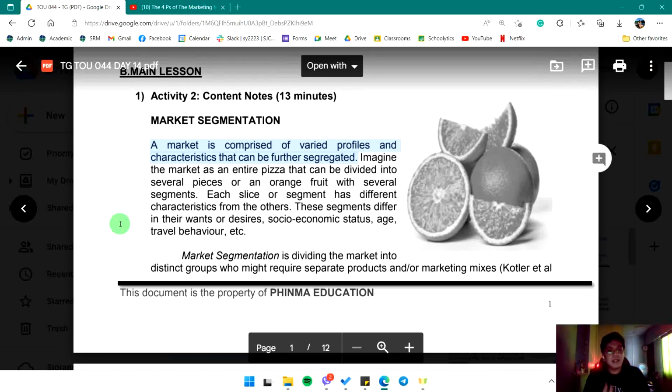And para mas mapadali ang pag-aaral ng marketers sa mga details at mga profiles ng buhay natin, meron tayong segmentation kung saan kinakategorize natin each and every people into a category or into a segment para mas madali nating malaman kung paano natin i-engage itong mga klase ng tao na to. Alam natin kung anong klaseng strategy ang ating kailangan para ma-engganyo natin itong mga tao na ito na bumili ng ating produkto.